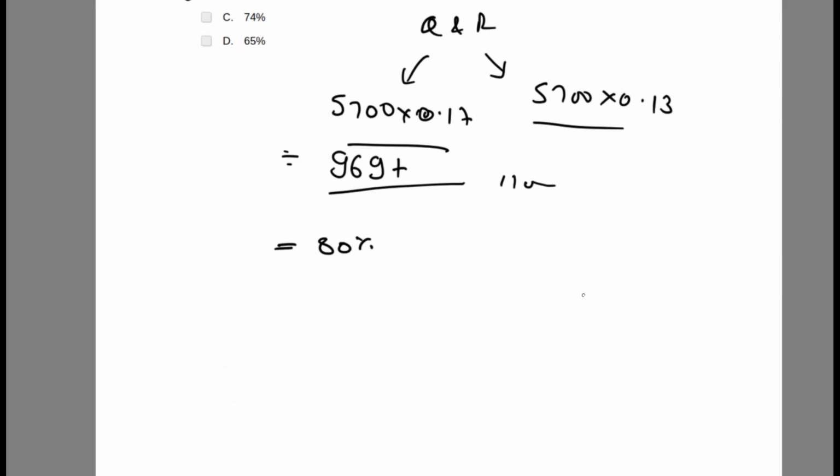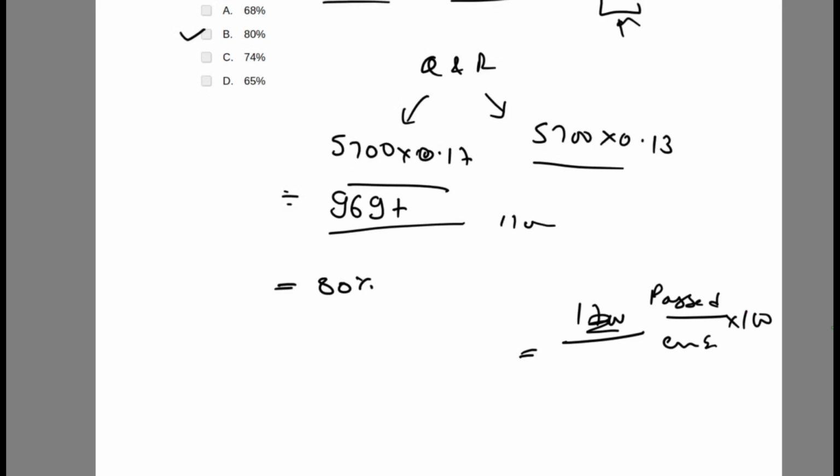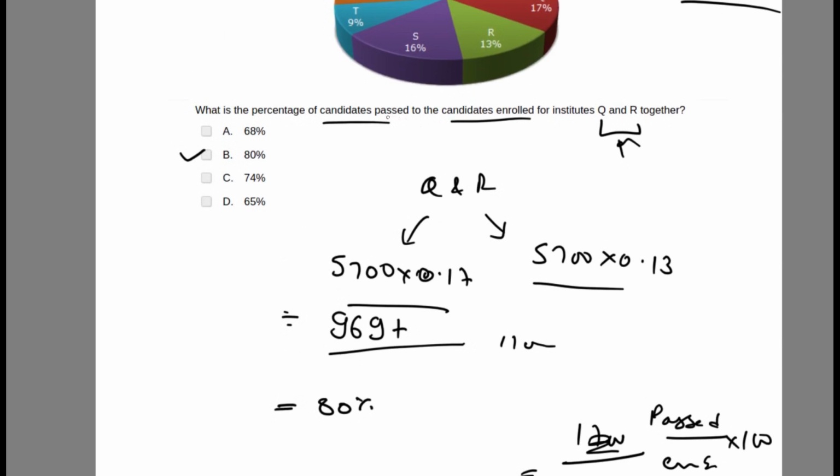I divided the passed by enrolled, into 100, because that's what the question is asking: to find the percentage of candidates passed to the candidates enrolled, so we multiply by 100. This was 0.8 or 80%. So this is right. All other answers are wrong. Look at the next question.